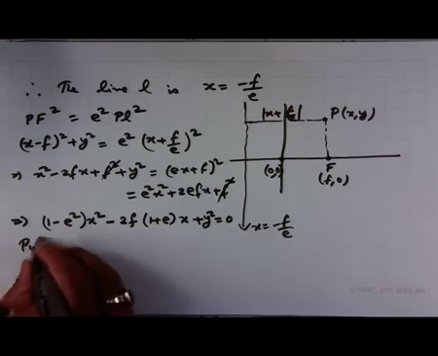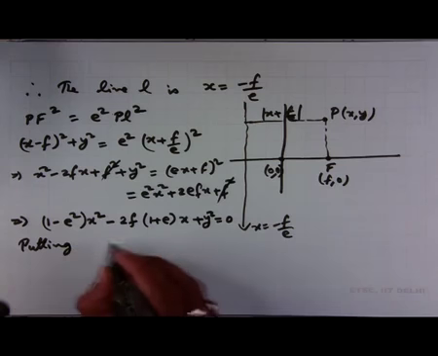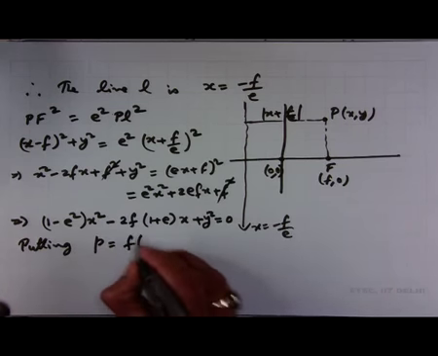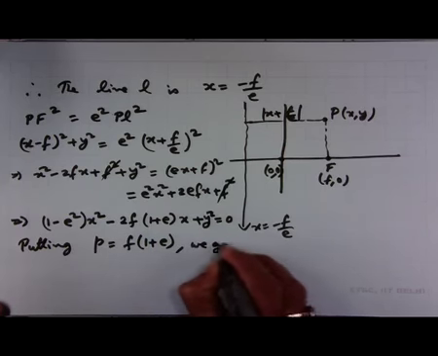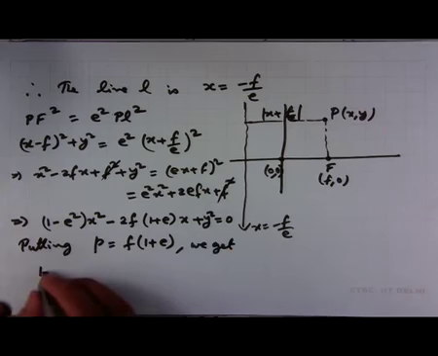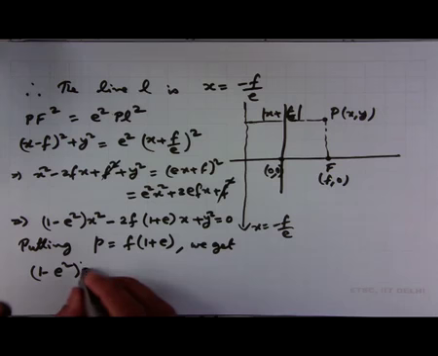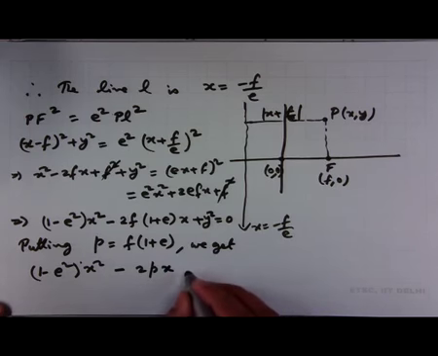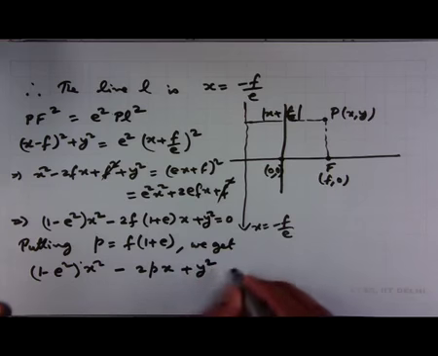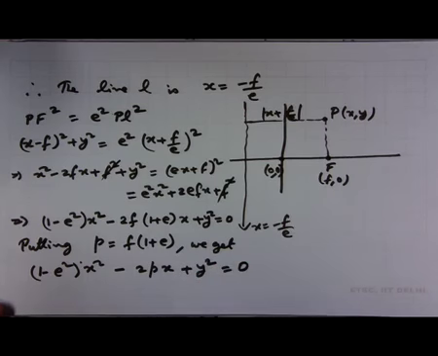So, let us put p is equal to f times (1 plus e), we get (1 minus e square) x square minus 2px plus y square equal to 0.